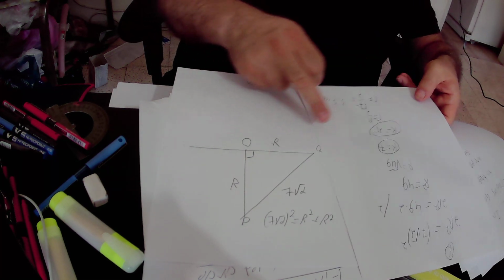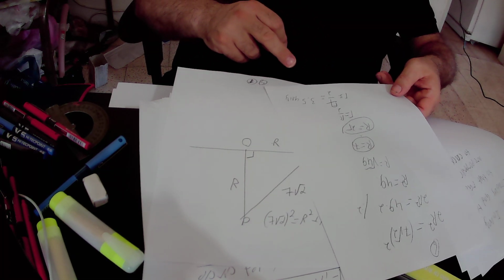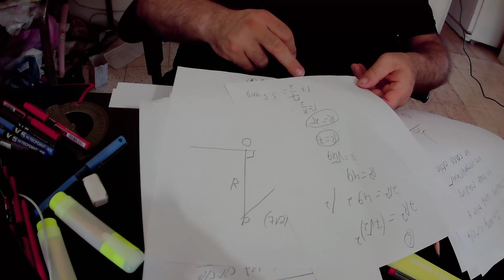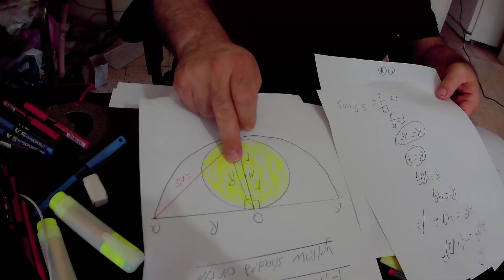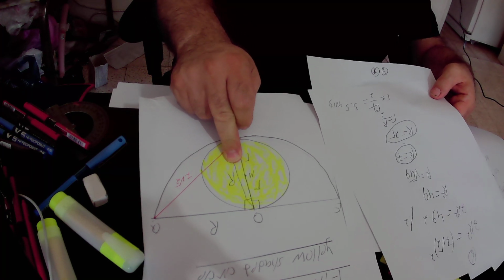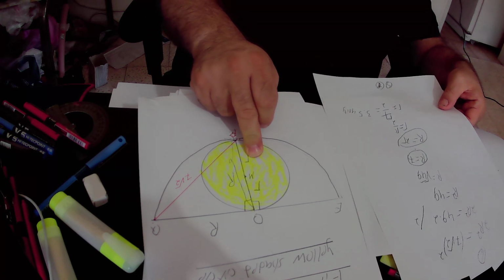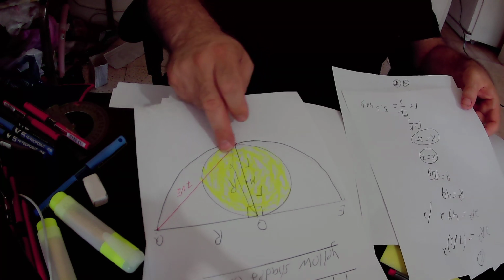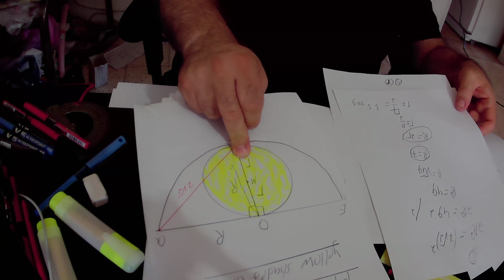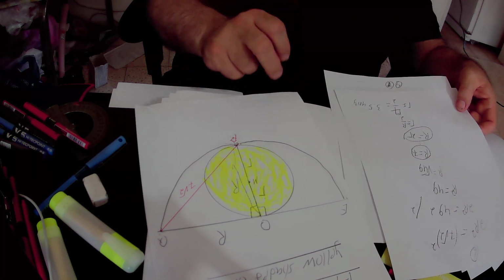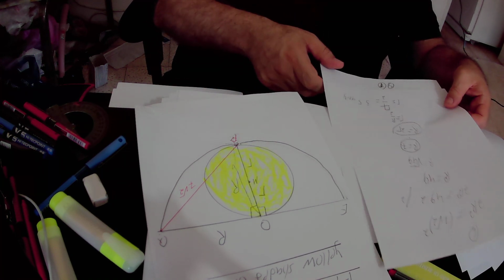Capital R equals 7 units. But we have already found that capital R is equal to 2 times small r. For that reason, if capital R equals 7, then small r will be equal to 3.5 units.